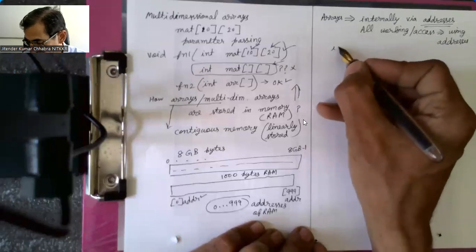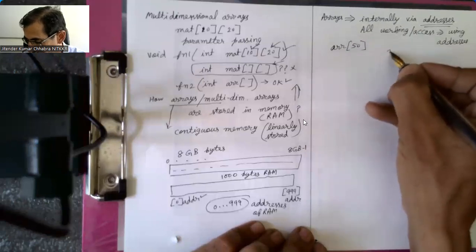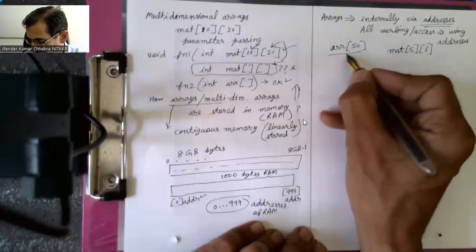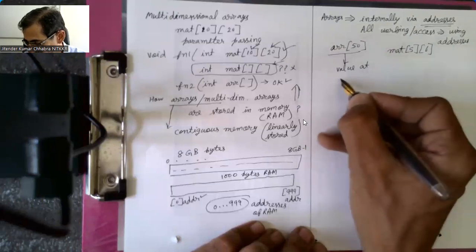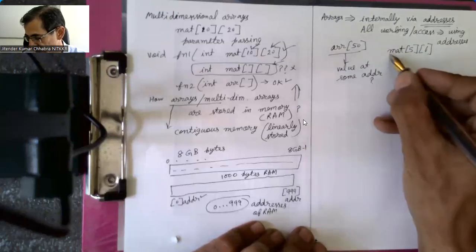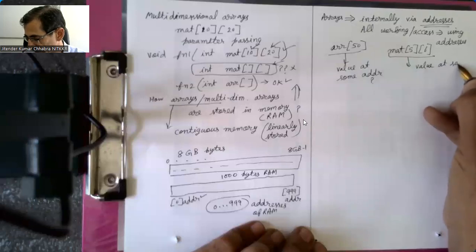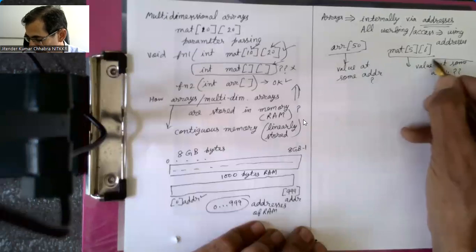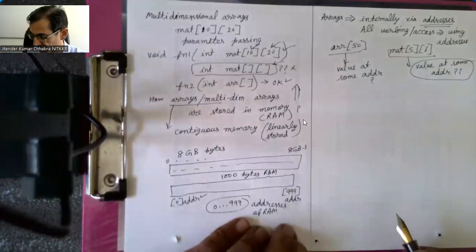So even if you write, let's say, ARR[50], or if you have a matrix [5][6], this is internally accessed as the value at some address. And I should know which address. This also will mean the value at some address, and I must know which address. So the compiler and operating system internally handle all these things as addresses and values at those addresses.